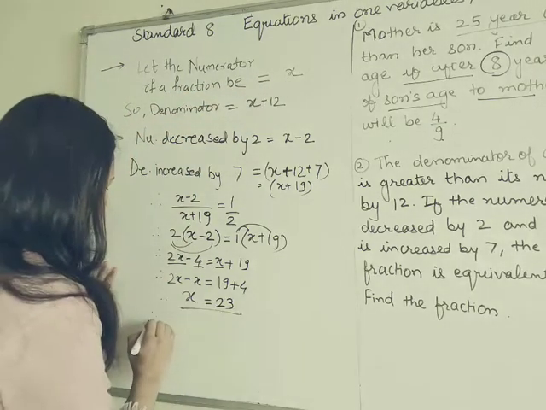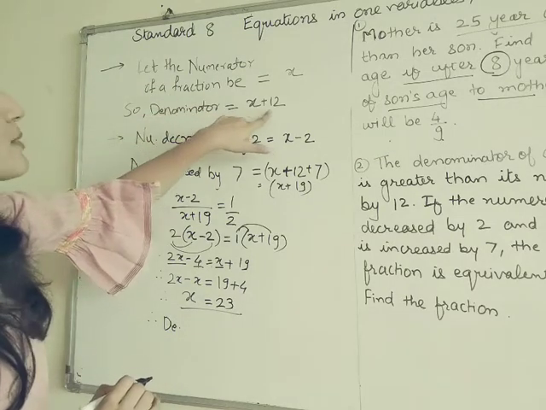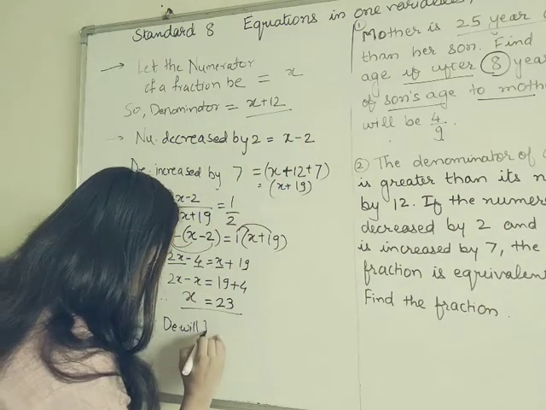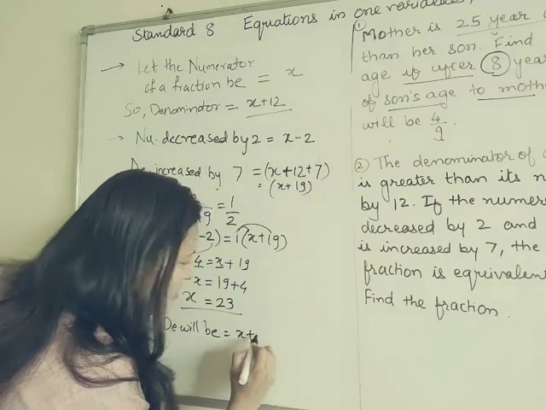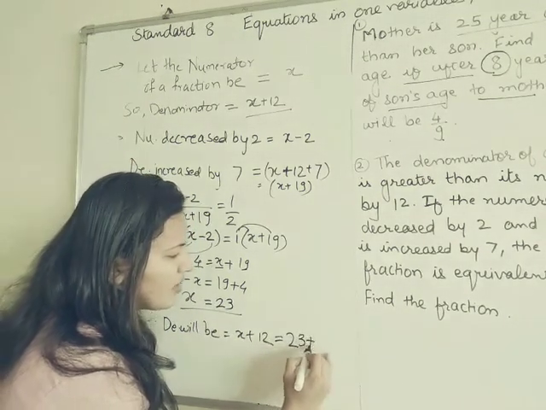So let's find the denominator. The denominator was x plus 12. So x plus 12 is 23 plus 12.